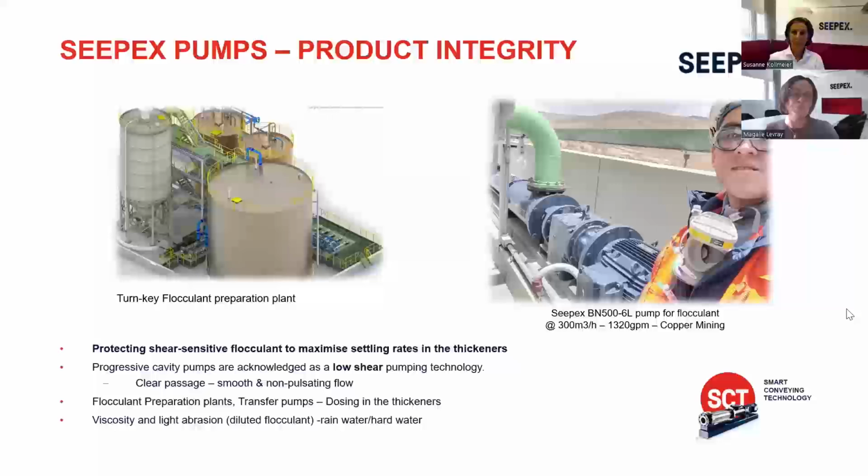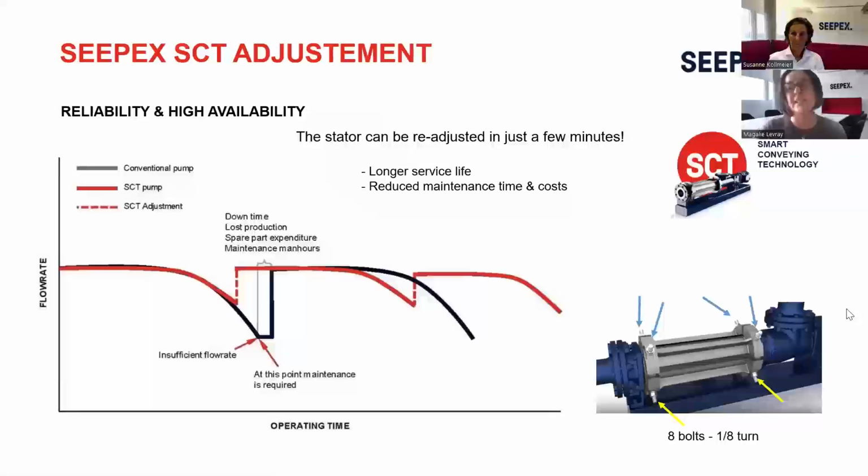So one feature that is often used on flocculant pumps is smart conveying technology. And we're going to see here what smart conveying technology means. The first thing we see with this graph is that we can observe our flow rate, and we can see that through time, as it wears out, we have a drop in our flow rate.